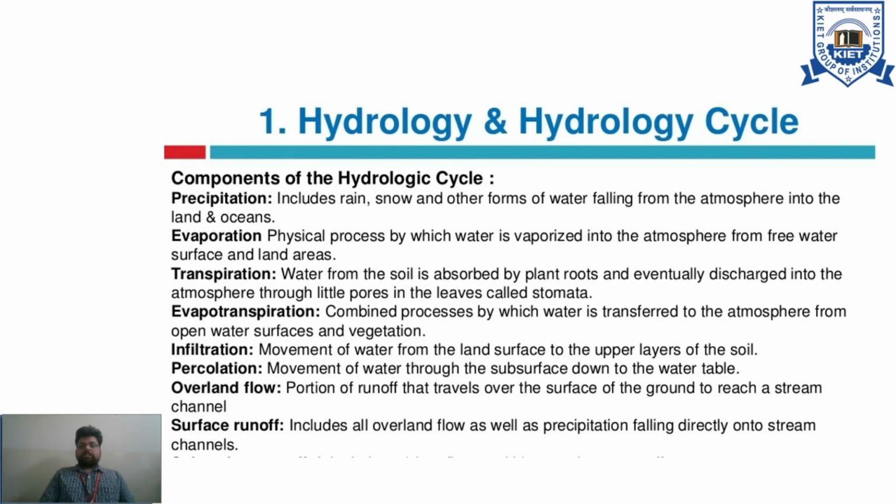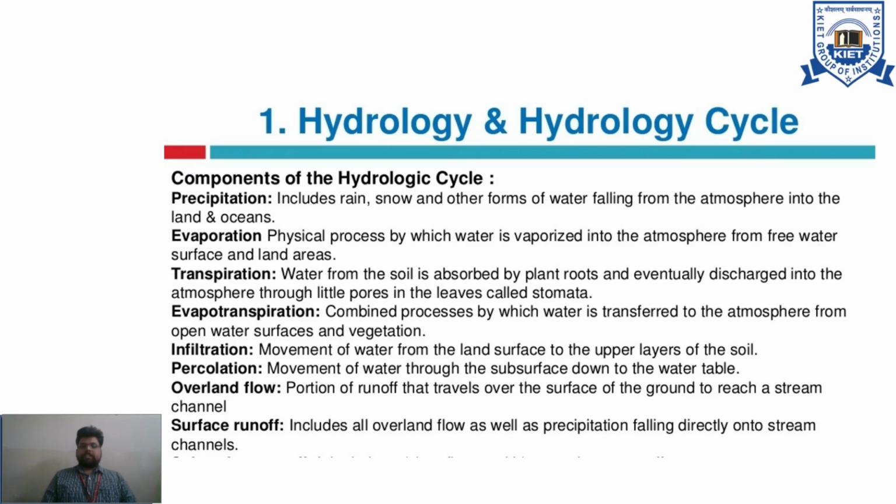Now let us see the individual definitions of all the terms. First of all, precipitation includes rain, snow and other forms of water falling from the atmosphere onto the land and oceans. Evaporation is the physical process by which water is vaporized into the atmosphere from free water surfaces and land areas.